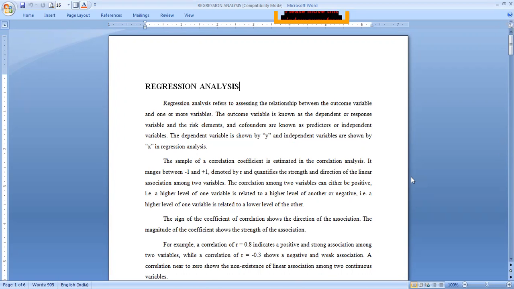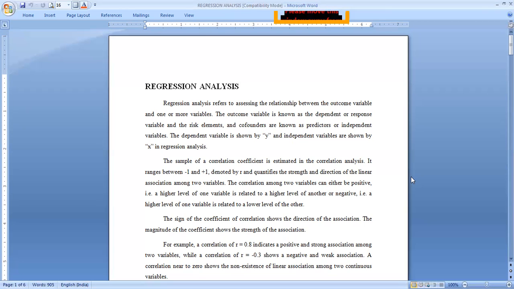In regression analysis, the sample correlation coefficient is estimated in the correlation analysis. It ranges between -1 and +1, denoted by R, and quantifies the strength and direction of the linear association among the two variables.